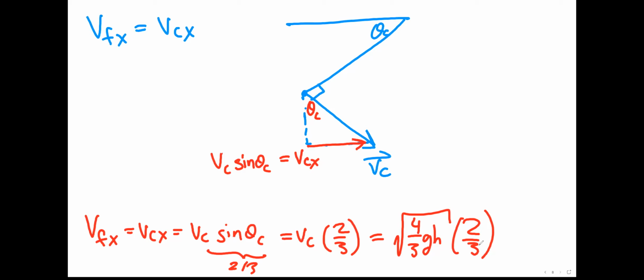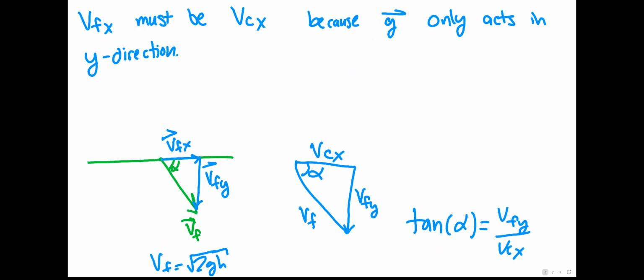And then it's VFY over all of that, VFY over VCX. And to get VFY, we use the Pythagorean theorem.